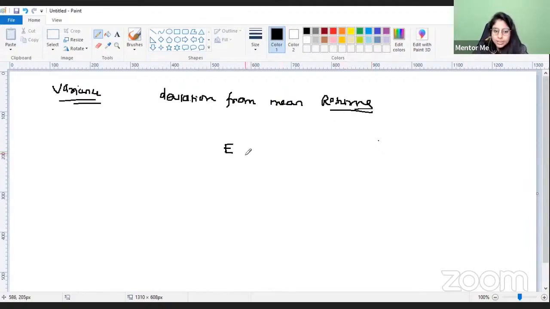We take the returns we are getting and see how much those returns are different from the mean returns. So this is our observational returns, the actual returns that we are getting, minus the average returns, that is the mean return that we are expecting to get.